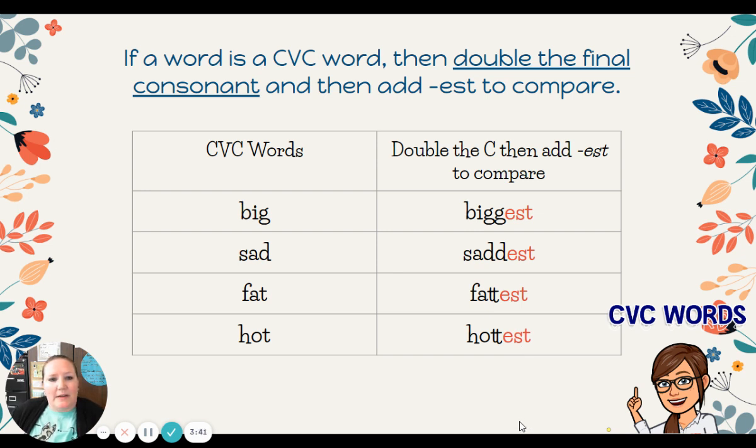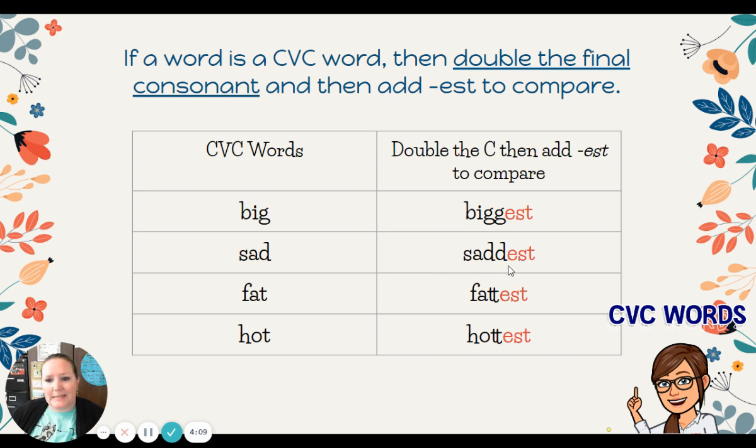Just like with our ER ending, if a word is a CVC, consonant, vowel, consonant, then we need to double the final consonant, then add EST to compare. So big, consonant, vowel, consonant. We double the last consonant there, the G, then add EST, biggest. Sad, another CVC word. We double the final consonant.